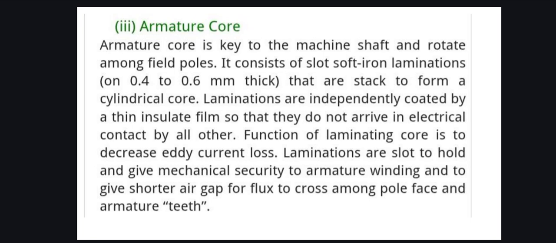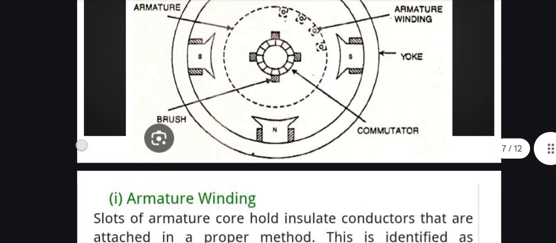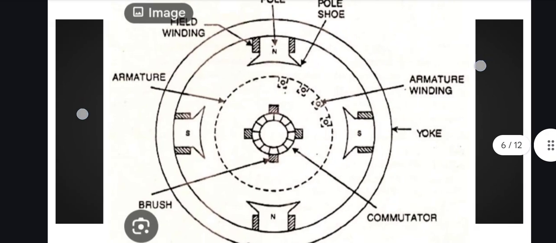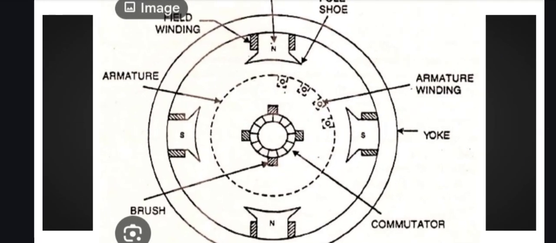Laminations are individually coated by a thin insulating film so that they do not come in electrical contact with each other. The function of the laminated core is to decrease eddy current loss. Laminations are slotted to hold and give mechanical security to the armature winding and to give a shorter air gap for flux to cross between the pole face and armature teeth. So you can see once again how the armature core works.